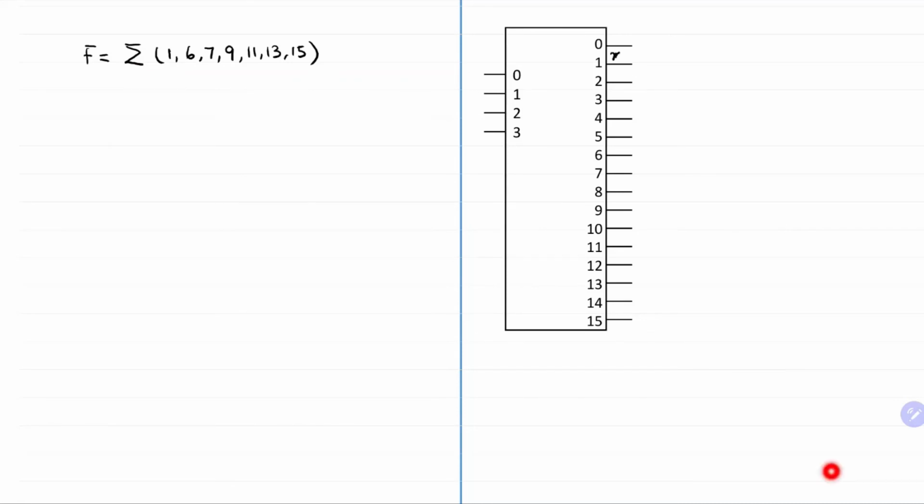So these are m1, m6, m7, m9, m11, m13, then m15.